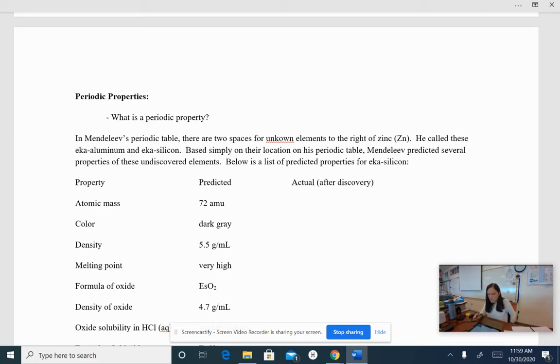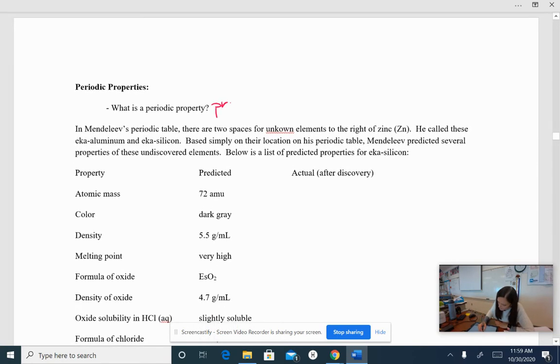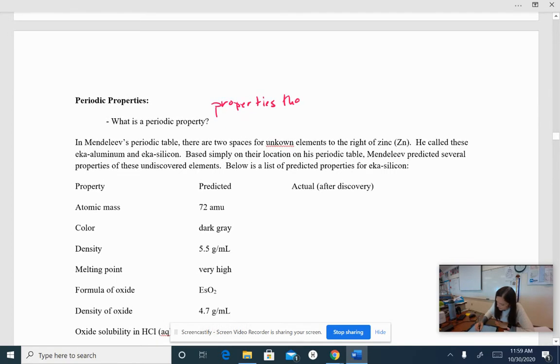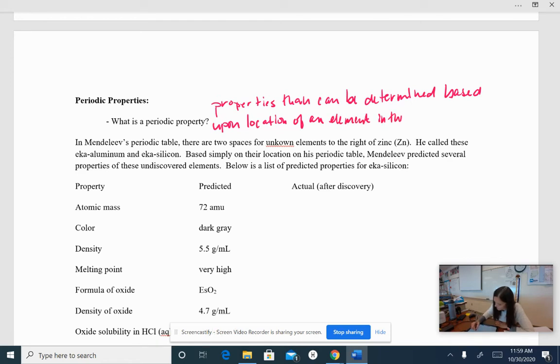So remember, periodic properties are properties that can be determined based upon location of an element in the periodic table.